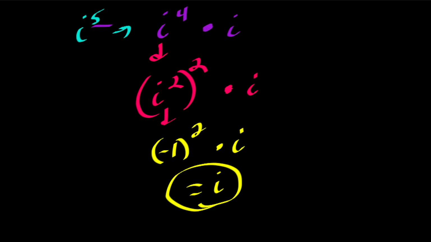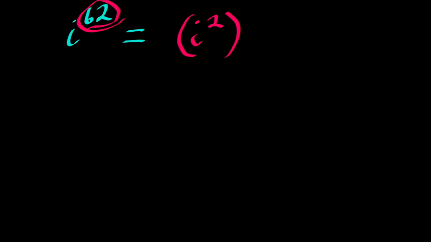All right, let's try one more, and then we'll move on to the next part. Let's say I have, we'll do a big one, i to the 62nd. Now, 62 is already an even number. So what we want to do is see if we can rewrite i squared to a power to get back 62.